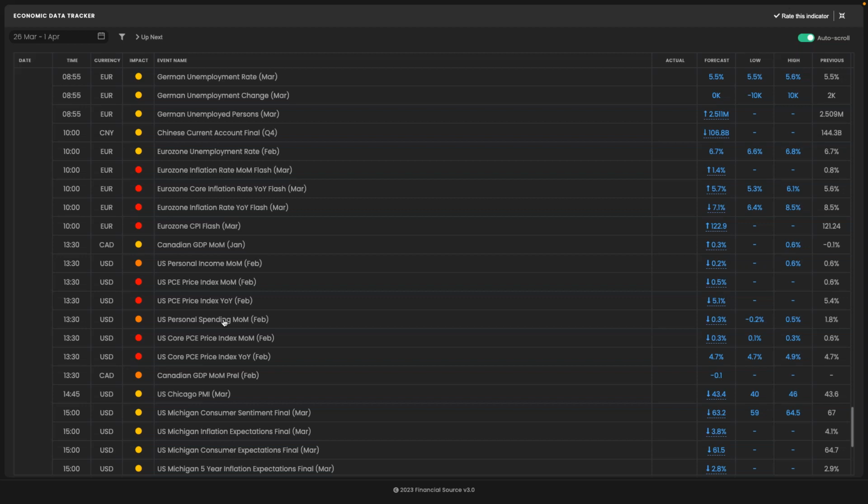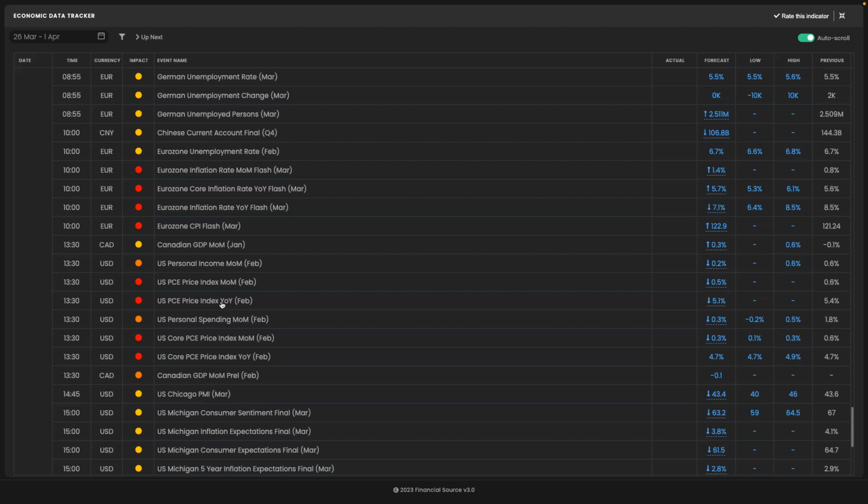And the PCE price index has two figures. The first figure, the headline, is from all the spending categories. The three major categories of the report include durable goods, things like motor vehicles, recreational goods, furniture, that sort of thing.